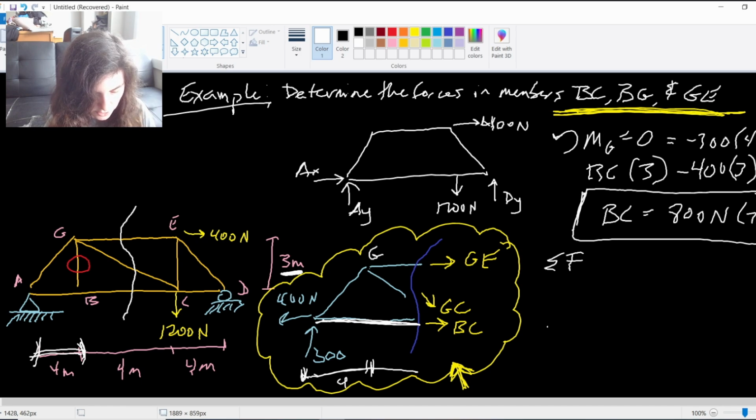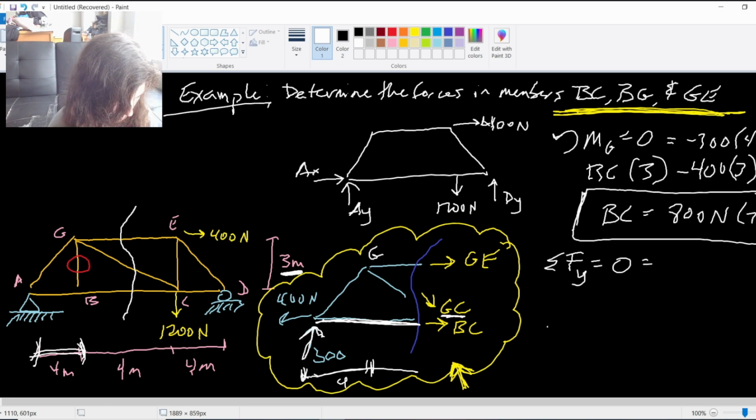I'll apply my other two equilibrium equations to get me the other two members that I want to know. So in the Y summation, all I have is the 300 Newton applied force, and then the Y component of GC. So this is a 3, 4, 5 triangle. Our side is 3.